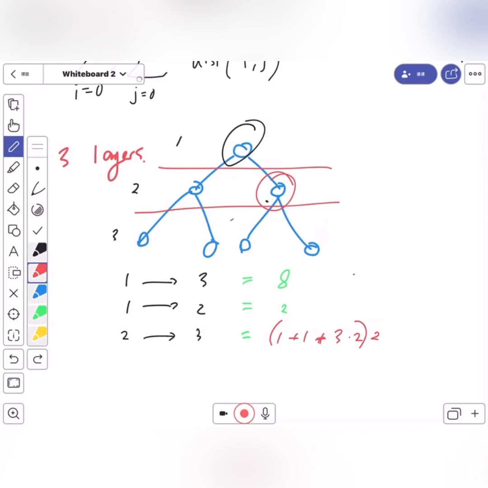Now, we can also have from 2 to 2. So what does that mean?